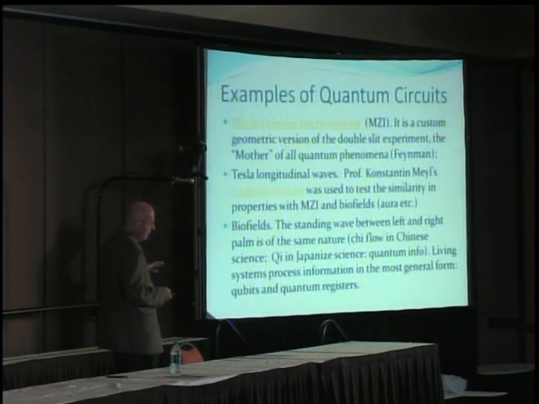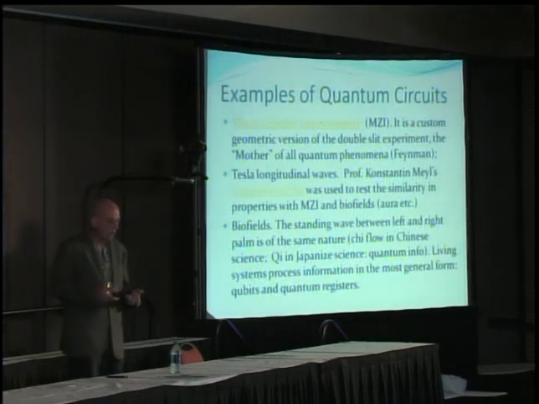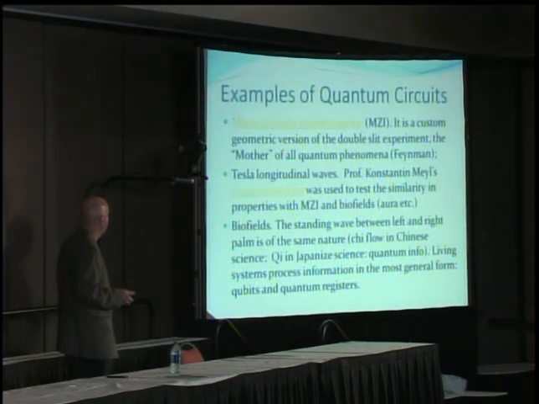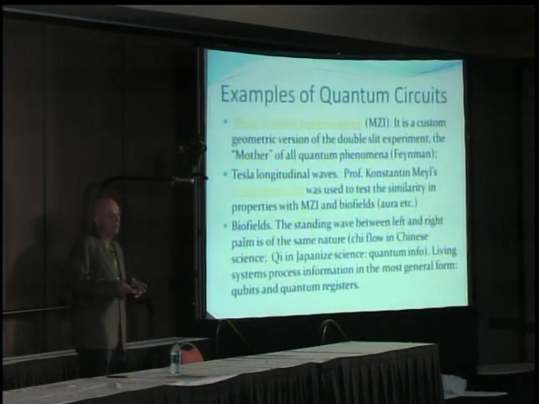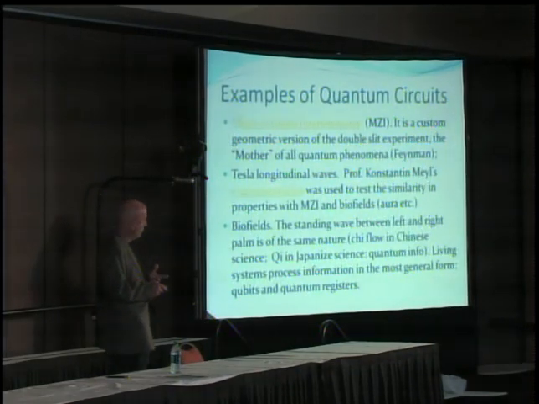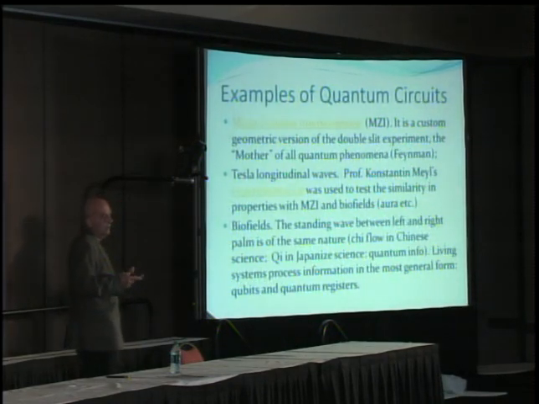It's a version of the double slit experiment, which is fundamental in introducing quantum phenomena to students in physics, and it's considered by Feynman the mother of all quantum phenomena, because it challenges you to try to understand, when you shoot a photon or an electron and you have an interference and it can go through two slits, which one does it take?